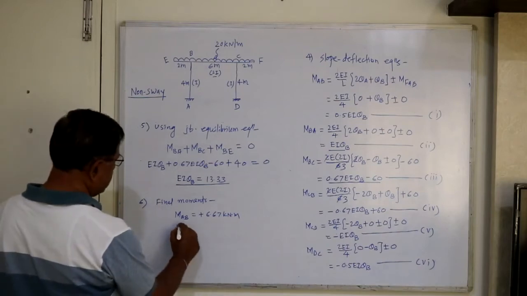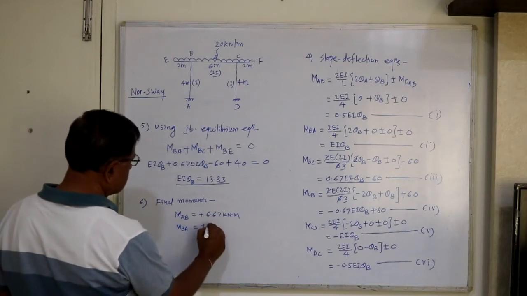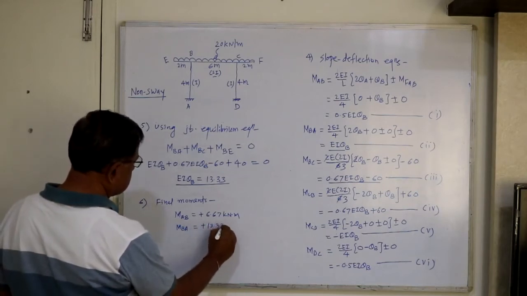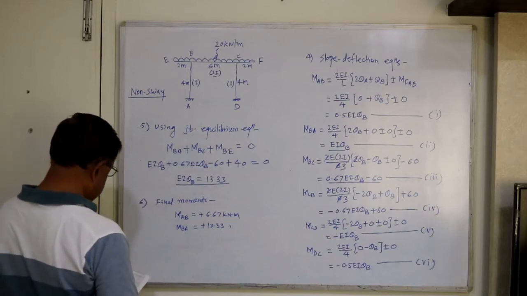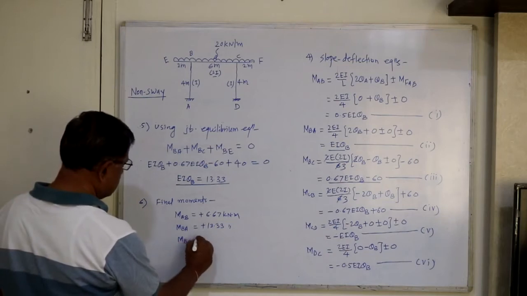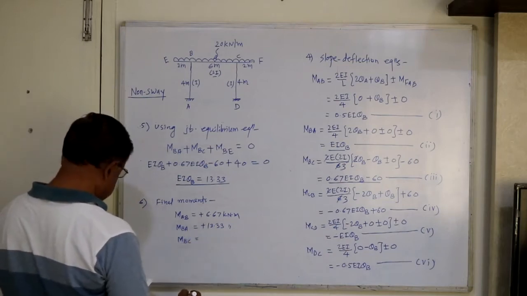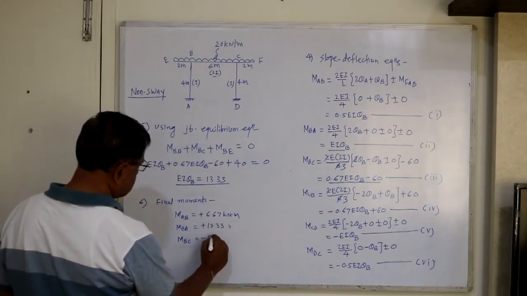Then MBA, so you will get again clockwise 13.33 kilonewton meter. Then MBC, you find out this MBC, the answer may be 53.34 and anti-clockwise.